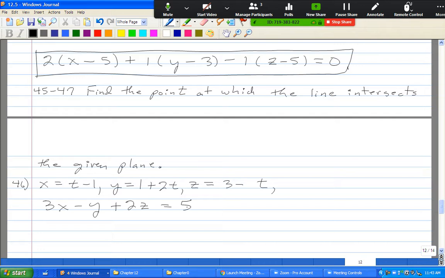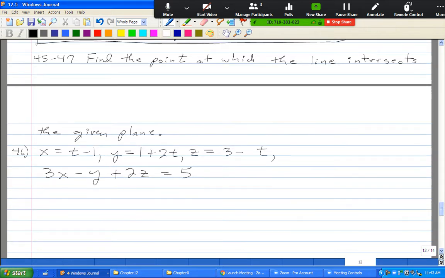Okay, so let's figure that out. I have 3t minus 1, minus 1 minus 2t, plus 2 times 3 minus t, is equal to 5. Just replacing x by t minus 1, y by 1 plus 2t, and z by 3 minus t.